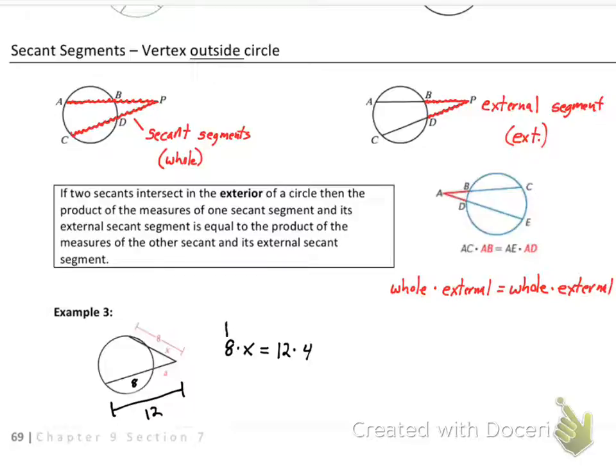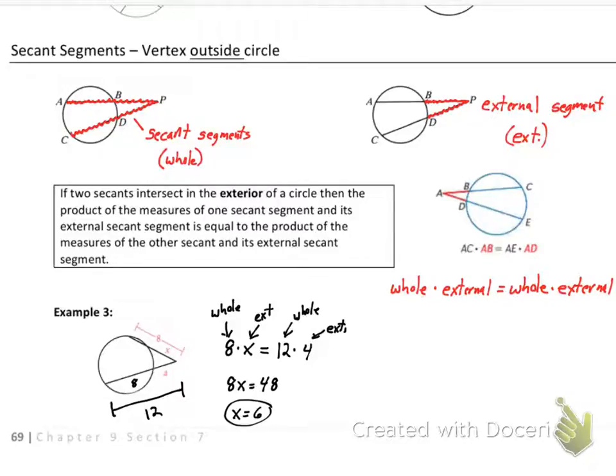Once again, we have whole, external, whole, and external. Whole times external, and we're good. Well, that's just 8x equals 48. And so we have x equals 6, and we are done, as long as you remembered whole and external.